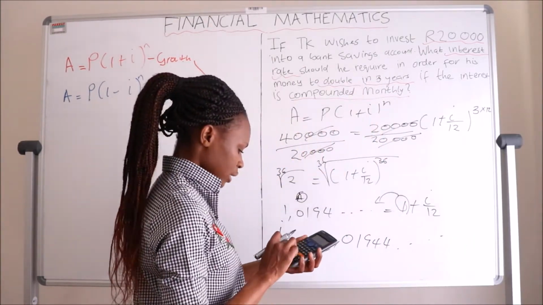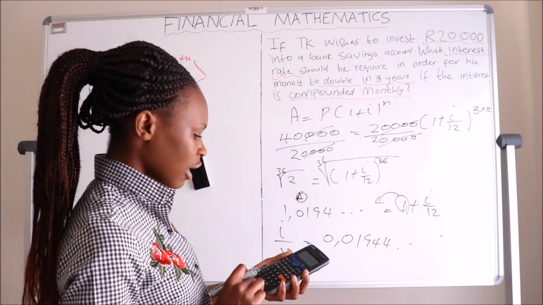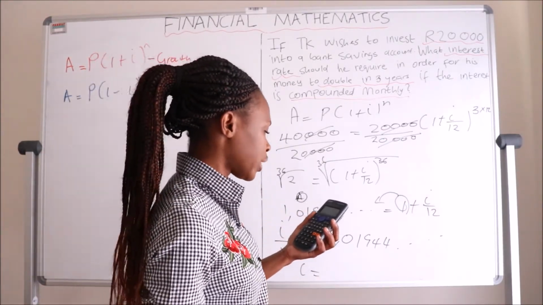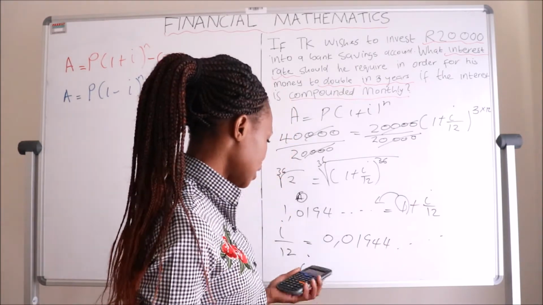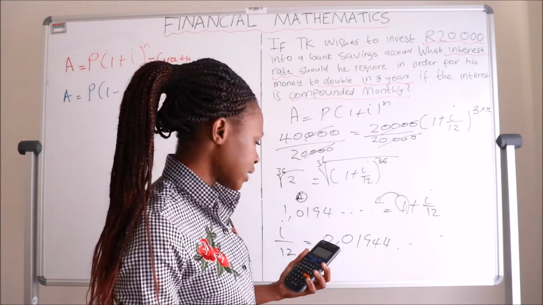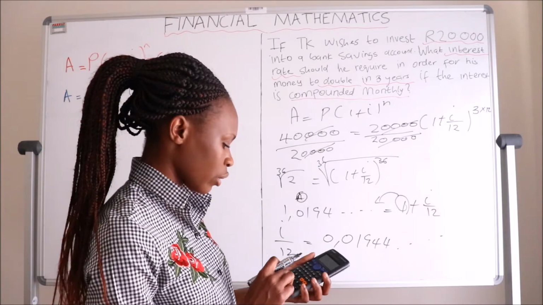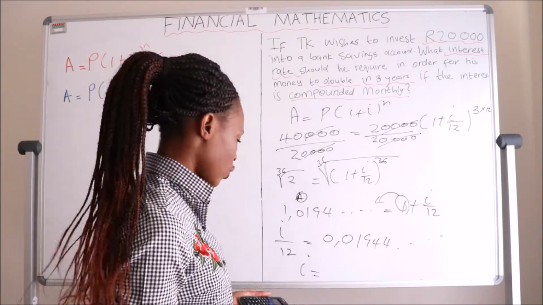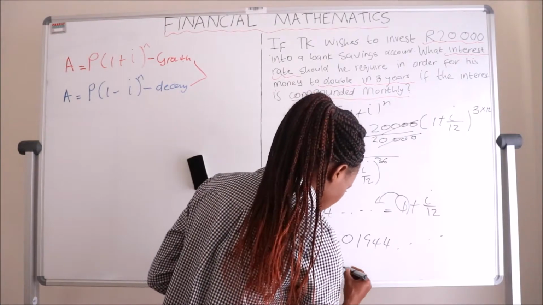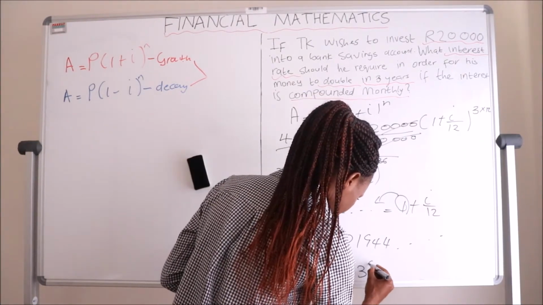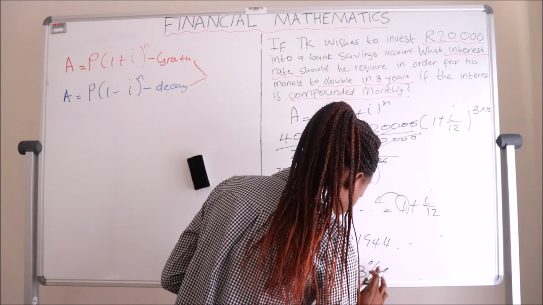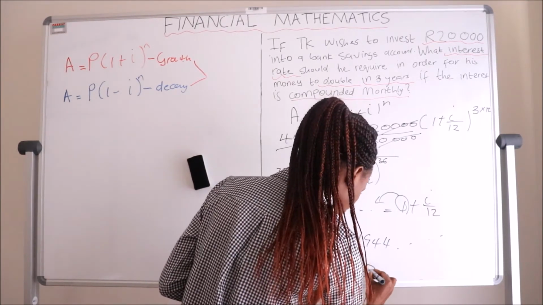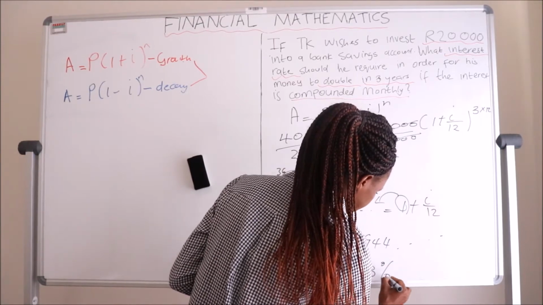I won't even store this because I will be multiplying it by 12, so i equals 0.233. I don't have a lot of space anymore to write, so i equals 0.233, and because it's a percentage, I have to multiply by 100. So the interest rate which he requires when he goes to the bank should be 23.3, rounded off to 2 decimal places, 23.33%.